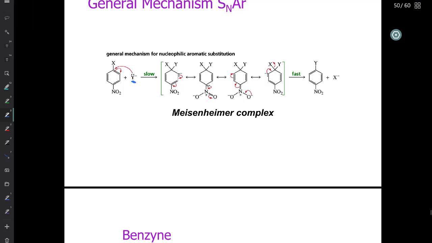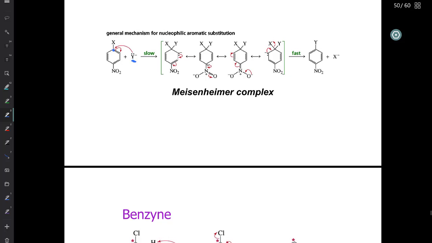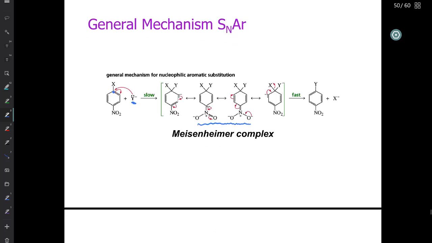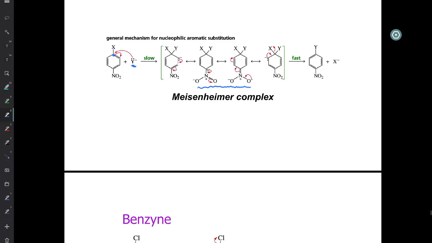The nucleophile is attacking the carbon with the leaving group. Then we have a number of resonance contributors which stabilize the intermediate. These two in particular are additional resonance structures because of the nitro group. And then you have the elimination to produce a substitution.